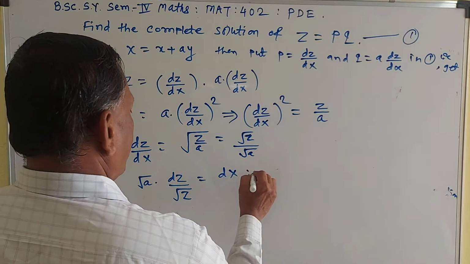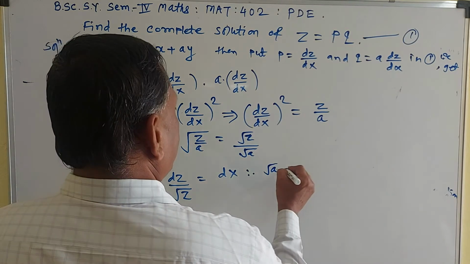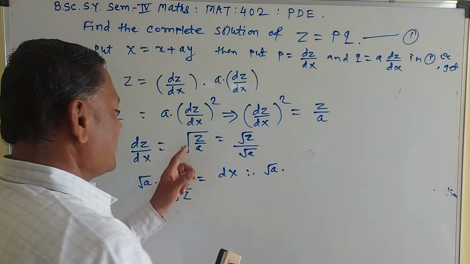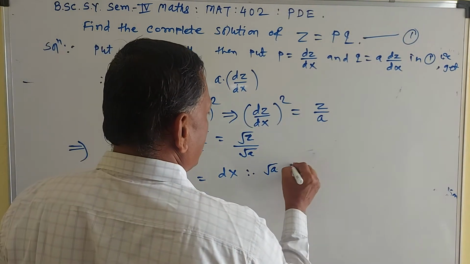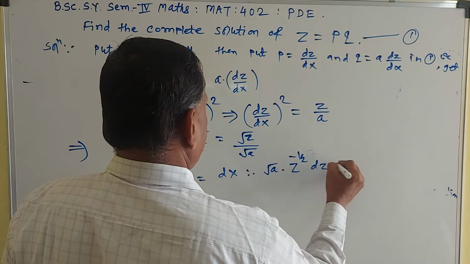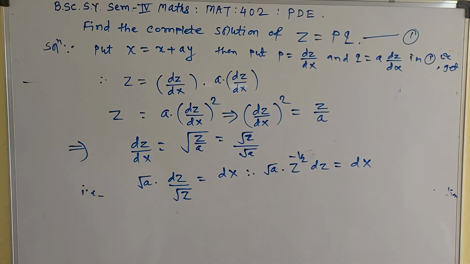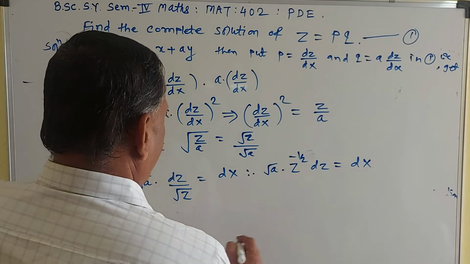Root a is a raised to 1 by 2, and root z can be written as z raised to 1 by 2, and 1 upon z raised to 1 by 2 can be written as z raised to minus 1 by 2, into dz is equal to dX. So root a means a raised to 1 by 2.